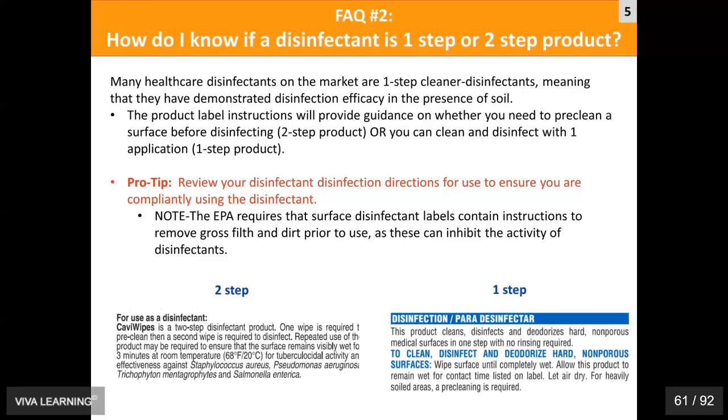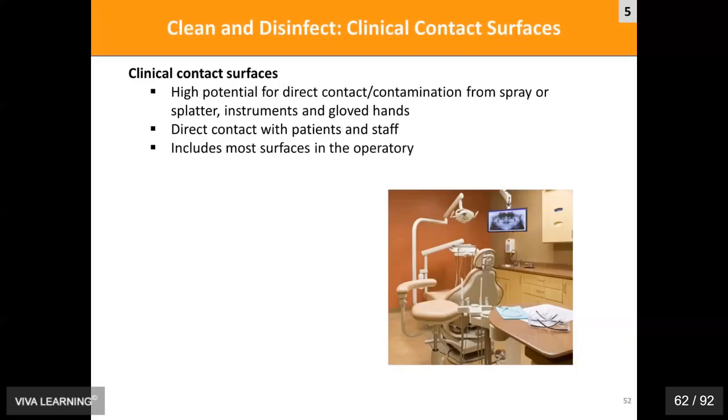So obviously, a two-step like the one on the left can be a good product, but I prefer one like the one on the right. The one on the right happens to be VersaSure. It's one step. It's a time saver. And you know, that's what it's all about, is turning over those rooms quickly, efficiently, efficaciously.